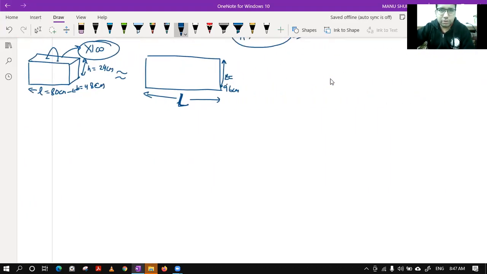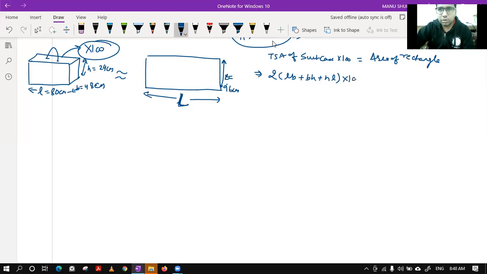We can say the TSA of the suitcase into 100 is equal to the area of the rectangle. Now let's find the value. The TSA is given by 2(lb + bh + hl) into 100 is equal to capital L into capital B. So we have written the formulas.